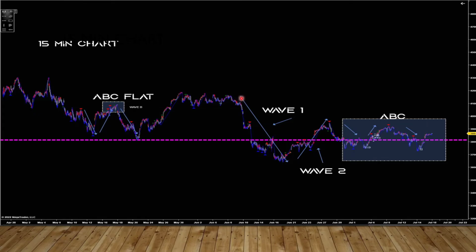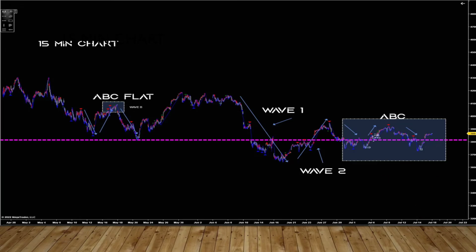So this here could either be an ABC going down. This could be a complex ABC, or it could be a 1, 2, 3 up, okay, or it could be an ABC or a 1, 2, 3.